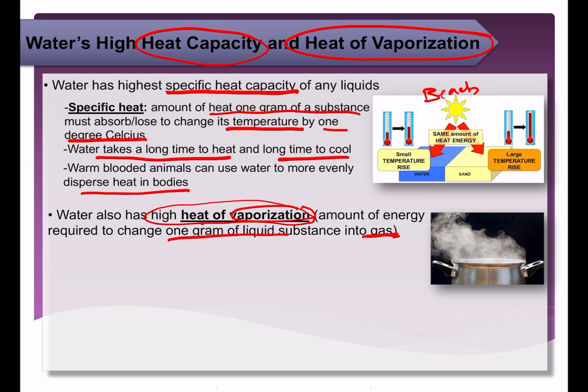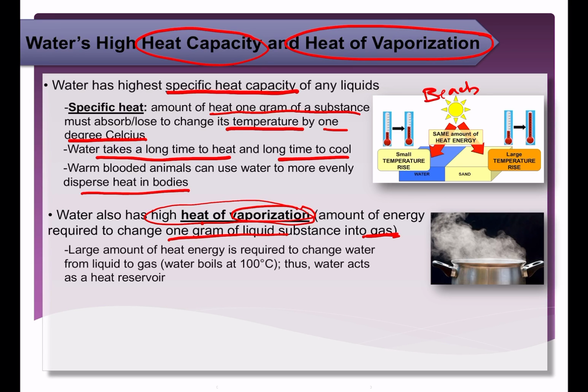This is why water will only boil at very high temperatures, such as 100 degrees Celsius, and because it can hold so much heat in liquid form before changing to a gaseous state, we say that water is also a good heat reservoir. It holds a lot of heat within that liquid state before it starts steaming and vaporizing into the gaseous state.